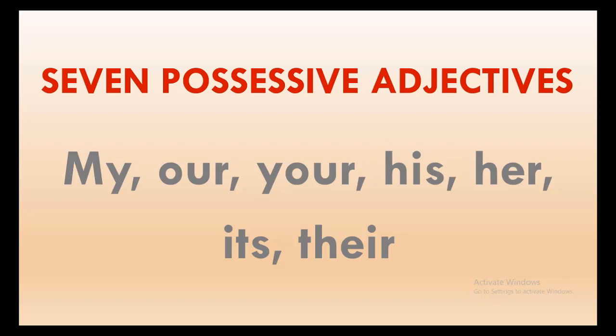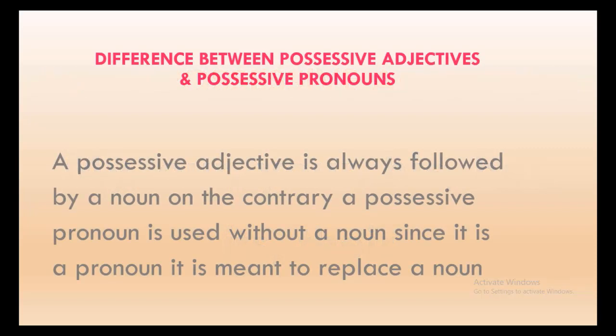After seeing these adjectives, there might have come a question in your mind that these are the same words used as pronouns when they replace a noun. But there is actually quite a lot of difference between the two, because a possessive adjective is always followed by a noun.